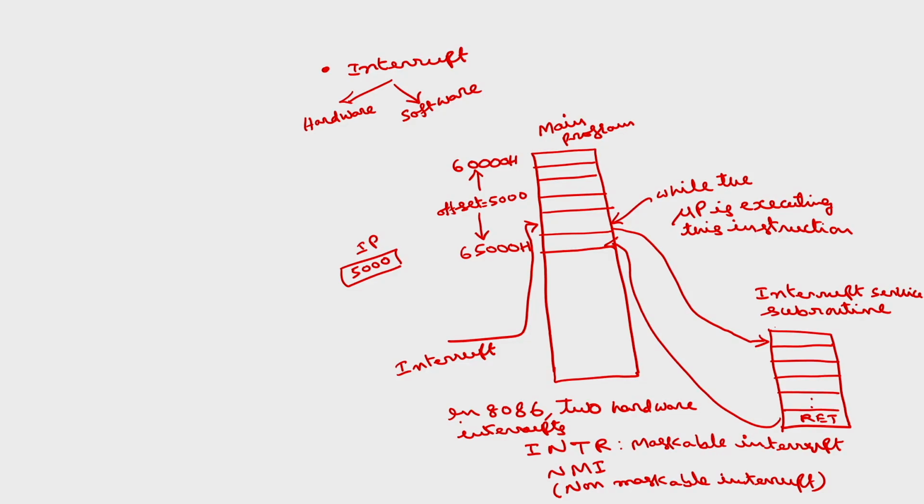Even if you want to execute some emergency program here, NMI can be used to interrupt the microprocessor and force it to execute the interrupt service subroutine. That is the difference between maskable and non-maskable. Maskable means which can be disabled, and NMI is not disabled.